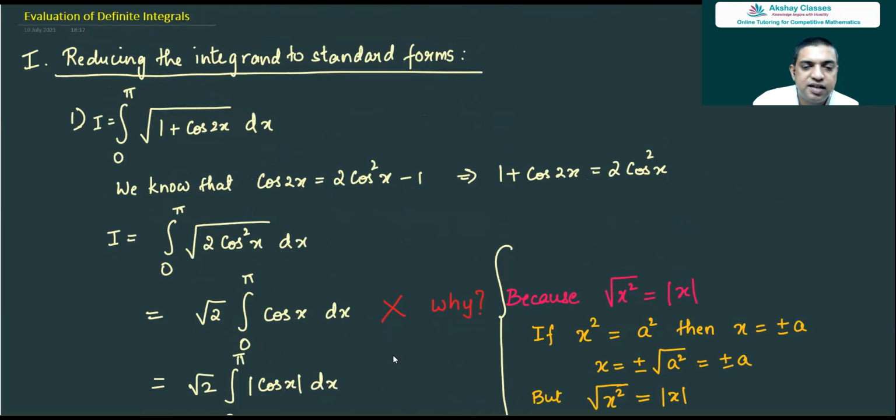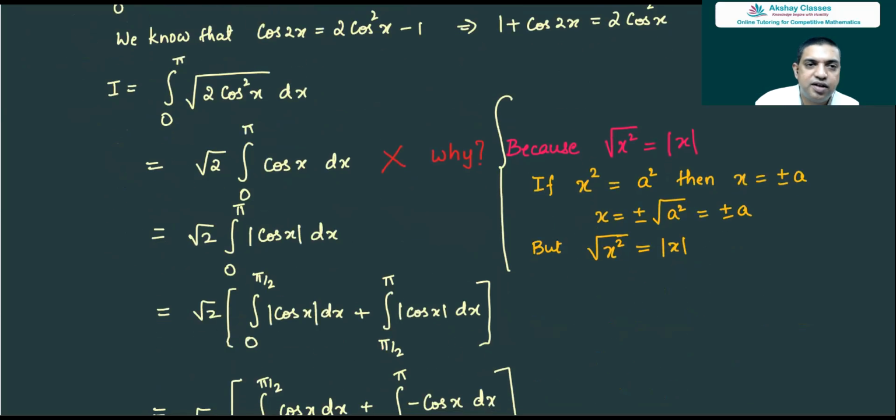The next step we need to omit, this is wrong. This is right. So under root 2, 0 to pi mod cos x dx. Directly I'll tell this answer is 2.